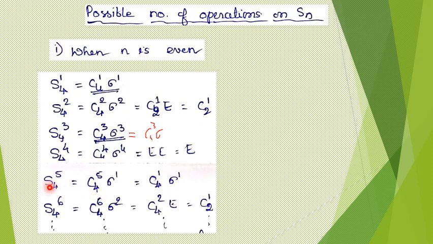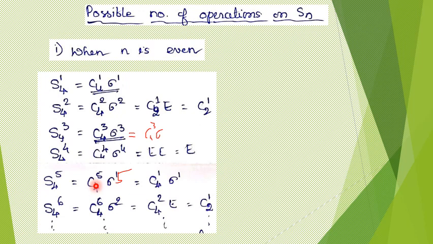So in a simple way, S45 can be written as C45 into sigma 1, right? Or even what I can say is that here it should be sigma five times. Technically speaking, it should be sigma five times. Let me do that, sigma five times. Now when I simplify the things, C45 can be written as C41, because C44 is E.